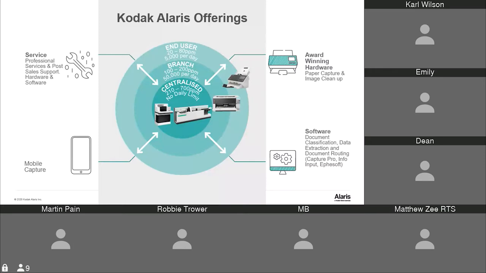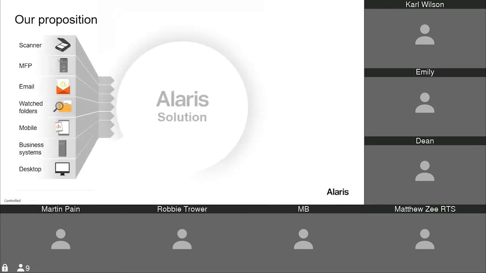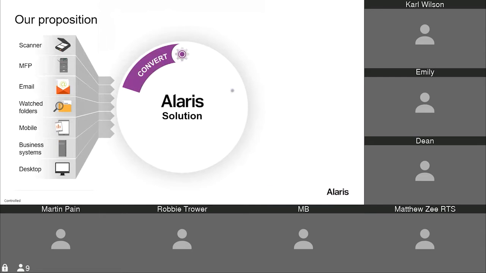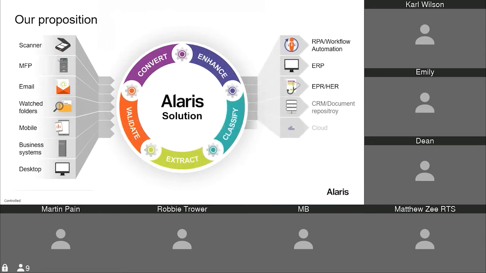So let's talk about the actual software in a little bit more detail. At a high level, this proposition is that we can input documents from a wide variety of sources, as you can see on the left, and bring a level of automation to some of the most common, highly repeated tasks within a document process that would exist within your customers.